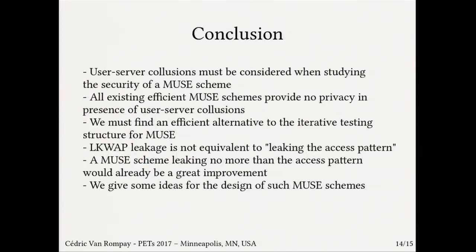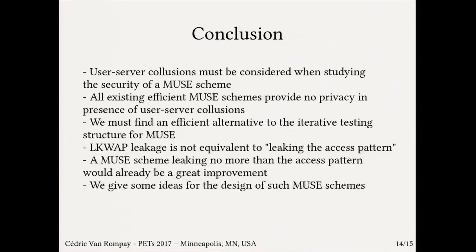So, conclusion: you must include collusions in the security analysis of MUSE. And when you do that with most existing MUSE schemes, you see that security disappears. So we must find an alternative to the iterative testing structure. We don't need yet another scheme based on this structure.